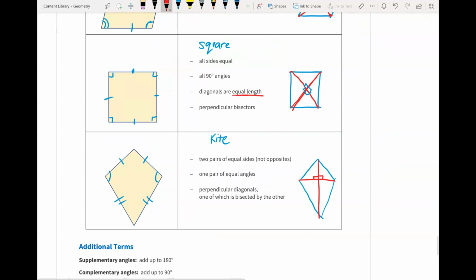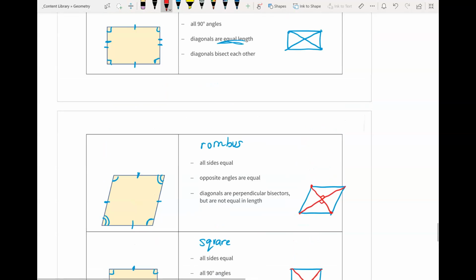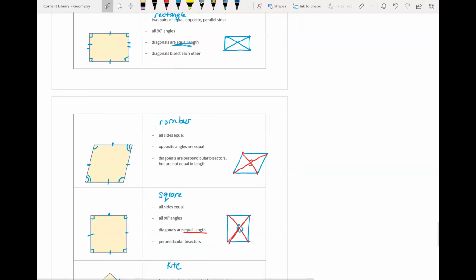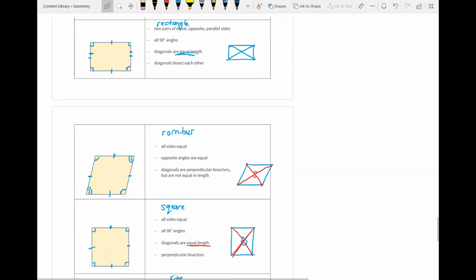Now, some of the properties you can think about are the similarities between a rectangle and a square. So technically, a square can also be a rectangle, but a rectangle can't be a square. The reason being is that a square can be a rectangle. It just has all the sides equal to each other.